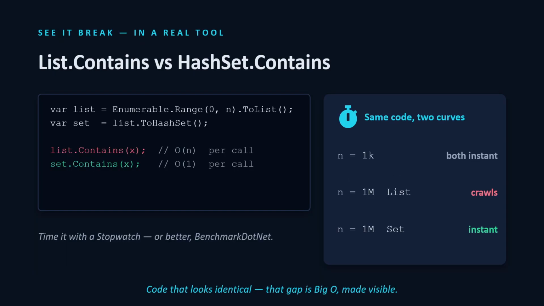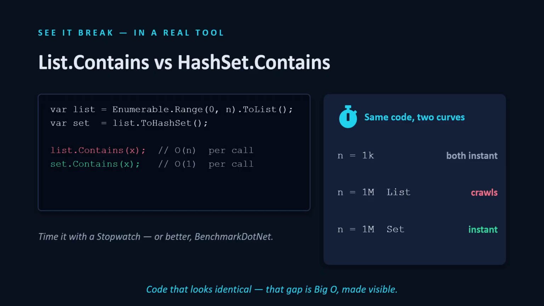Let's actually watch it break. Build a list of n numbers and a hash set from the same data. Now do a bunch of contains checks against each. At 1,000 items, both finish before you blink. This is why the bug hides in development. Crank n up to 1,000,000 and run it again.